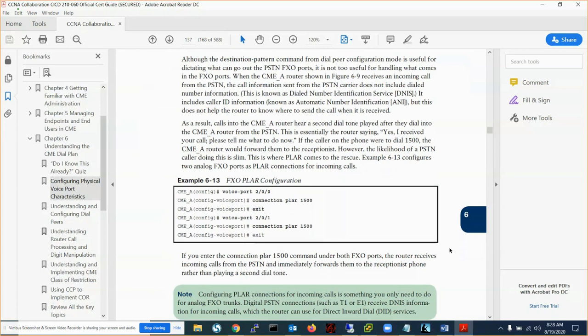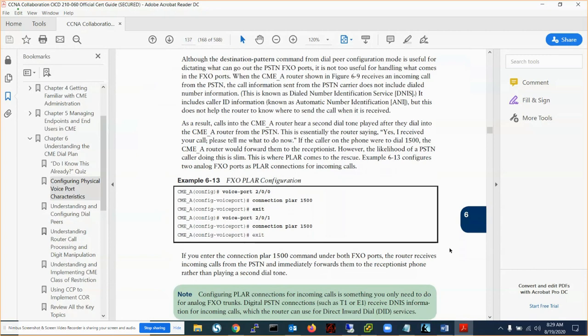So let me say I want to go to the operator. Remember they don't have any auto attendant in this scenario, so you want the person to go to the receptionist. When the person calls, all CME might see is the caller ID, but it wouldn't know where to send the call internally.